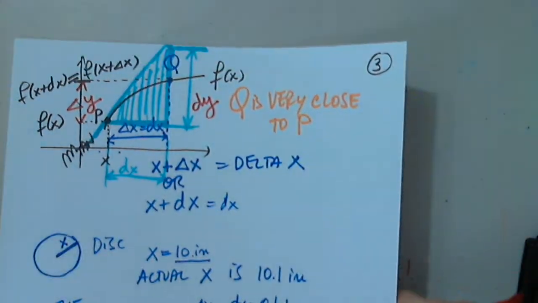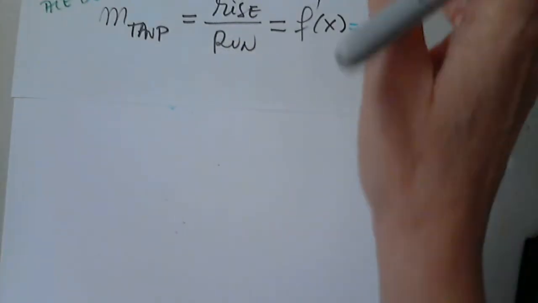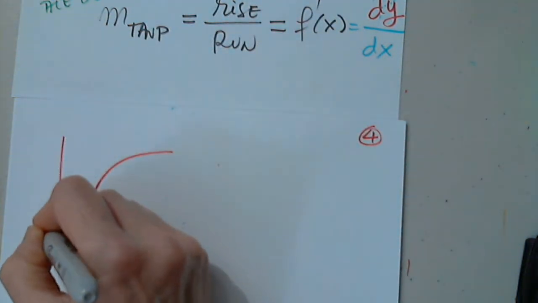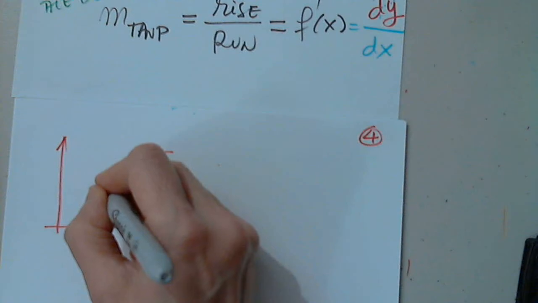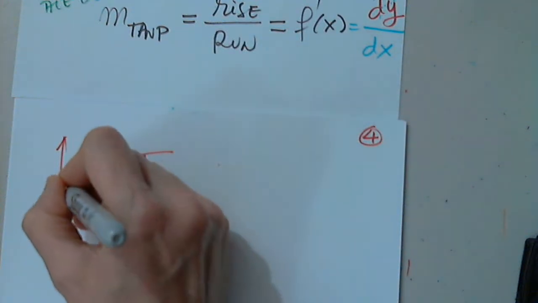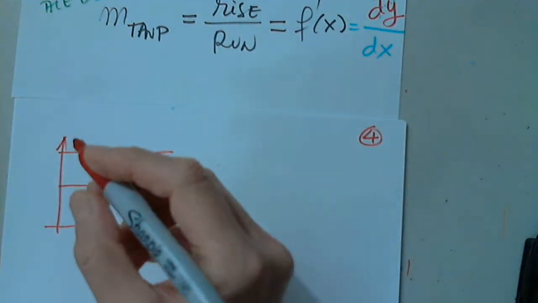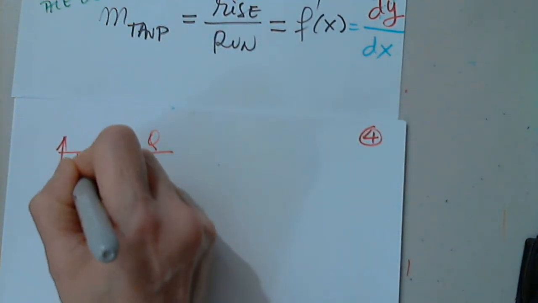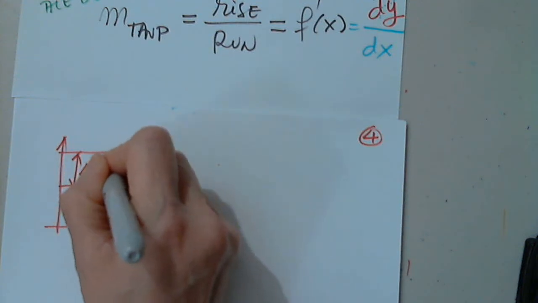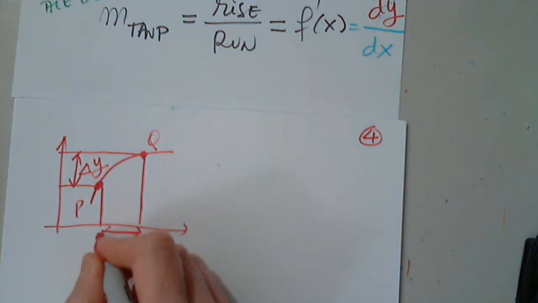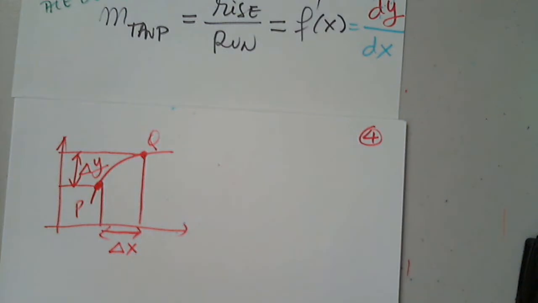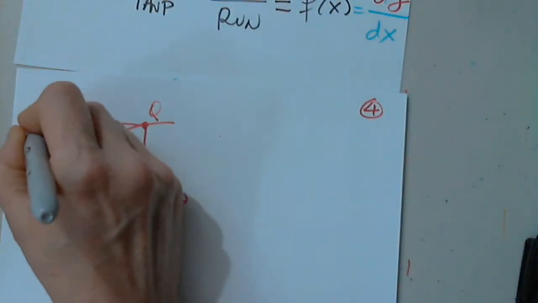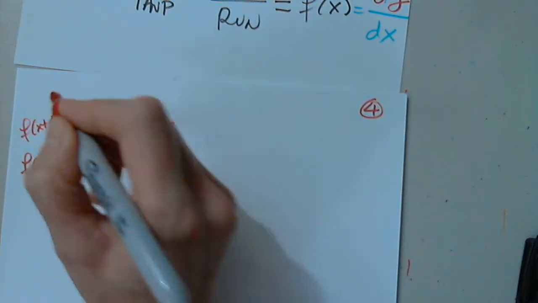Okay, I'm going to take this graph again to explain what I'm just showing you. So here was our function. This is point P. This is point Q. This is the error called delta y, and this is the error called delta x. This is the f of x, and this is the f of x plus delta x.